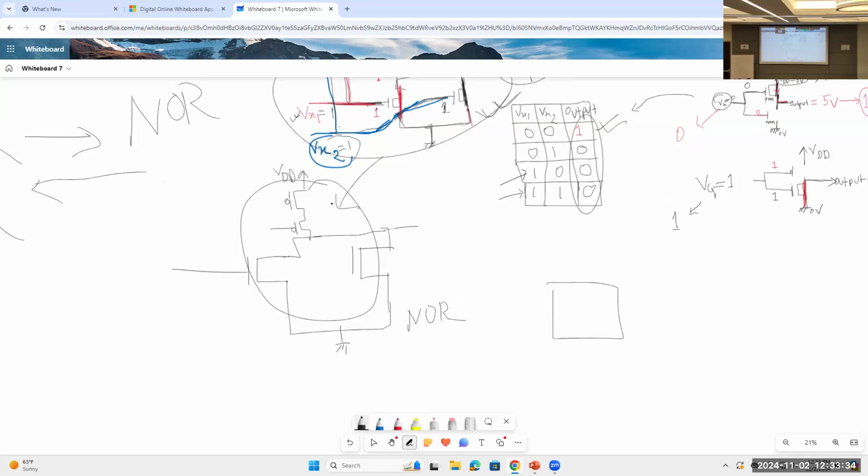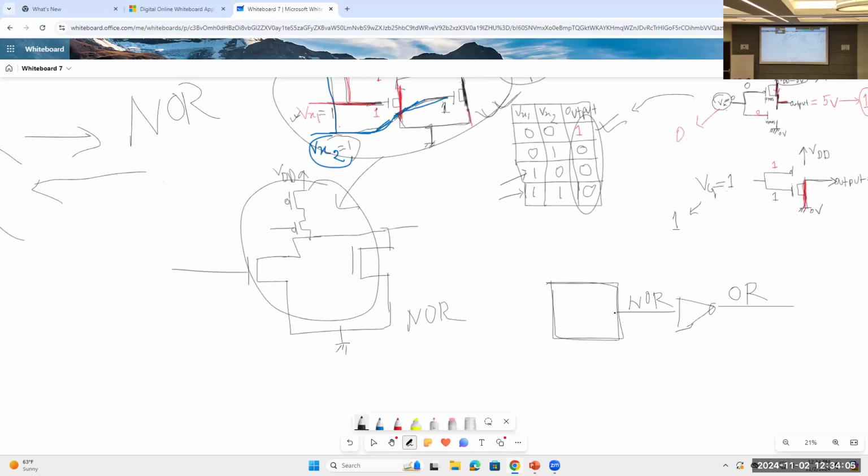I'm representing this NOR circuit as a block to simplify. So this will give me NOR, and if we add an inverter after this, what should we get? OR, exactly. So they put an inverter at the output of the NOR gate, and then they get OR. That's how OR gate is made.